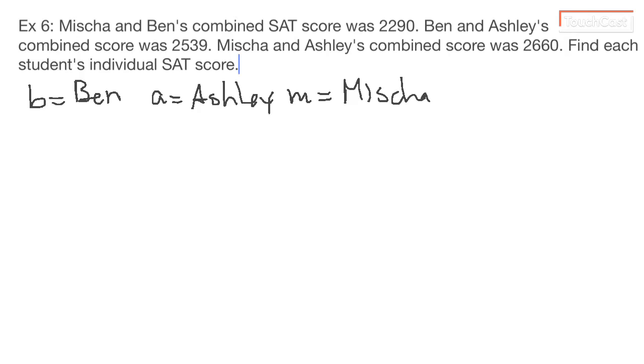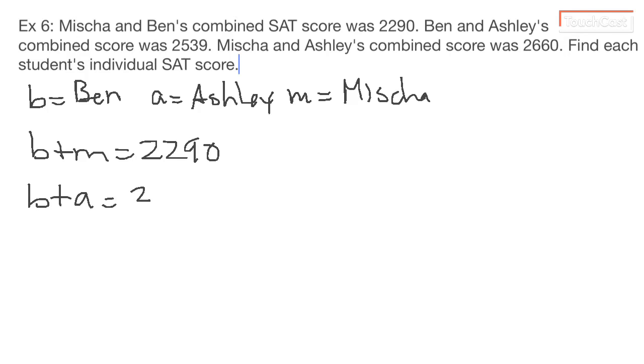So we can set up a system now. What we know is Ben and Misha, if we went B plus M, their score was 2290. We know Ben and Ashley, B plus A, that's 2530, and I wrote up here something wrong.